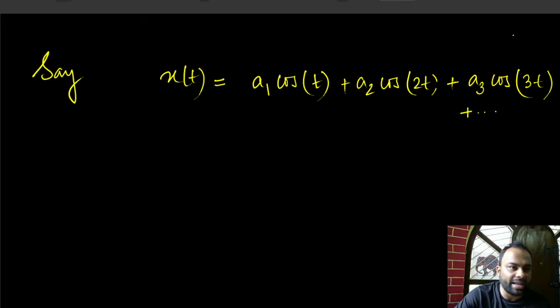If I have a signal that is representable this way, this is a1 cos t, a2 cos 2t, a3 cos 3t, something like that.